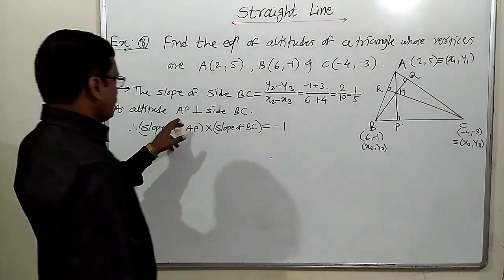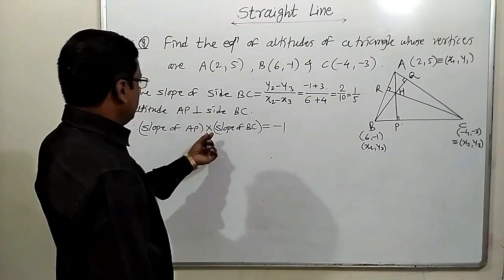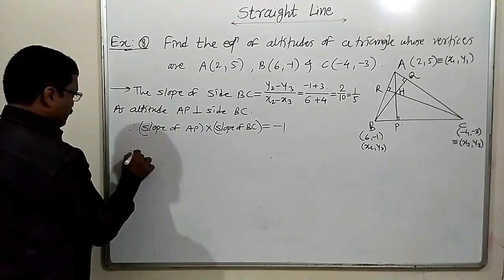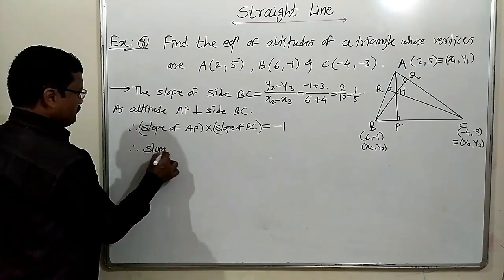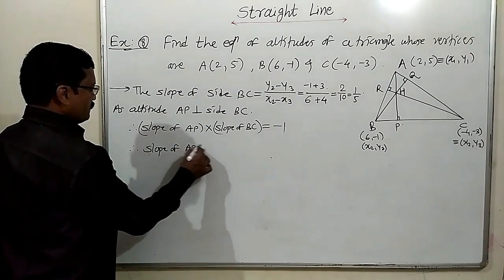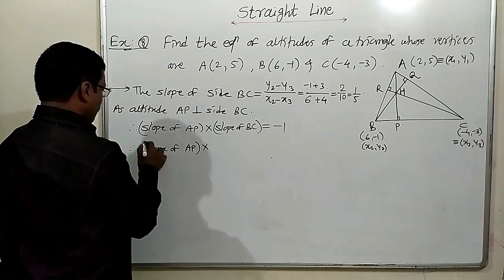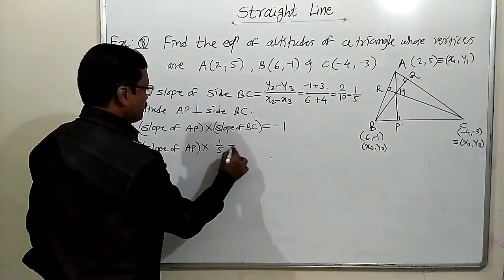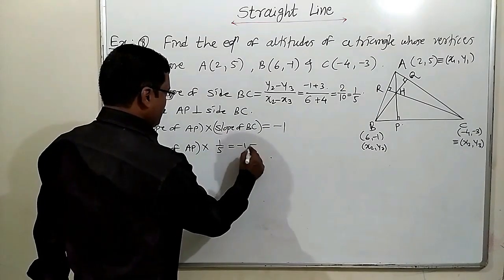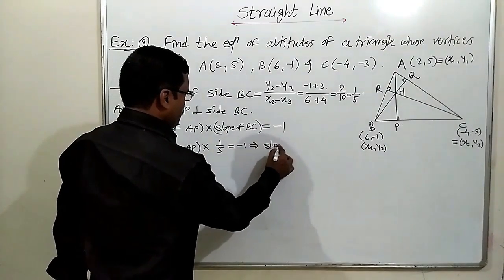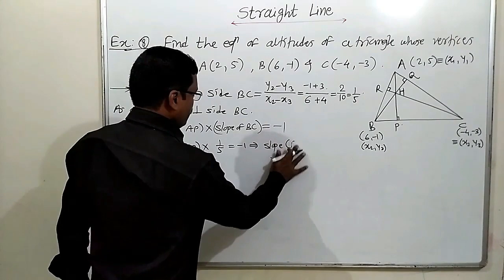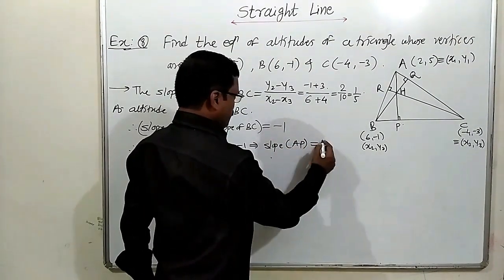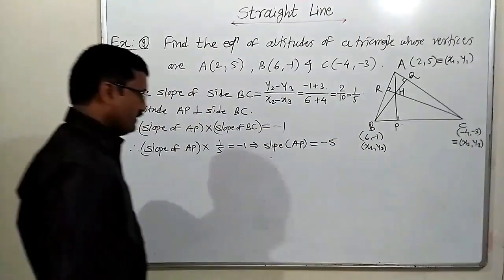Because if two sides or lines are perpendicular, the product of their slopes is minus 1. So slope of AP into slope of BC, which we have found to be 1 by 5, is equal to minus 1, which implies slope of AP is equal to 5 into this, that is equal to minus 5.